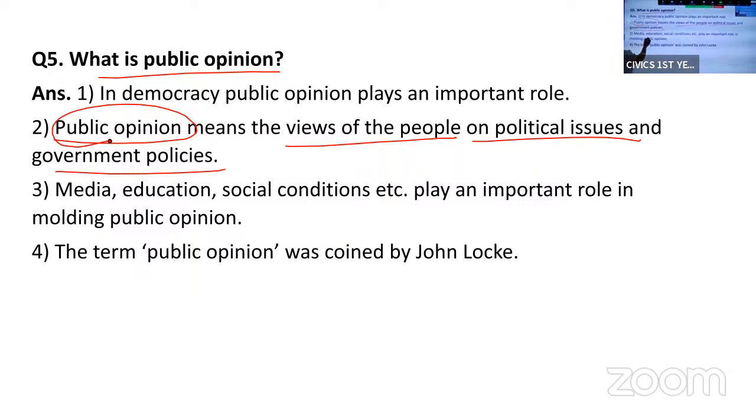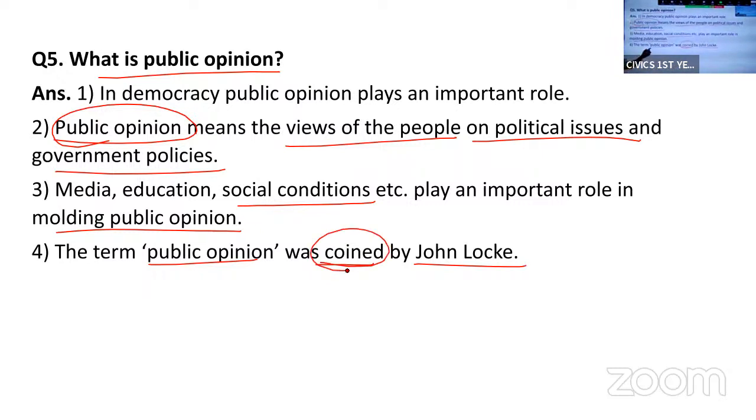So media, education, social conditions, etc., play an important role in molding public opinion. Okay, and this word public opinion was coined by John Locke. John Locke used the word public opinion for the first time. So we say it was coined. Coined means used for the first time.